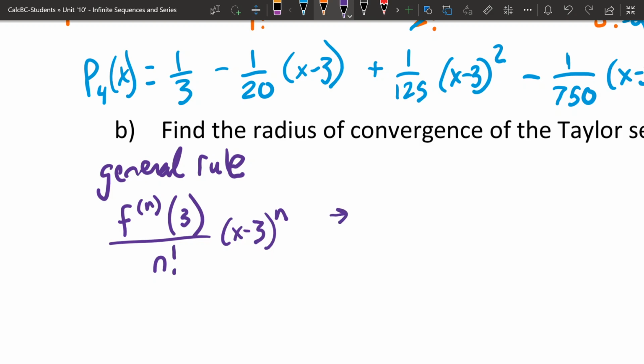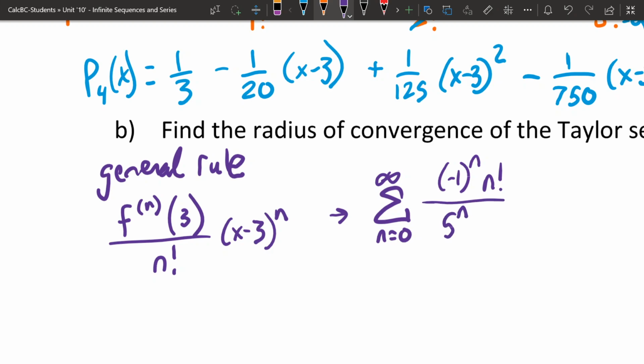So if we were looking at that infinite Taylor series, we would say our sum as n equals 0 to infinity, we've got -1 to the n times n factorial over 5 to the n times n plus 3.